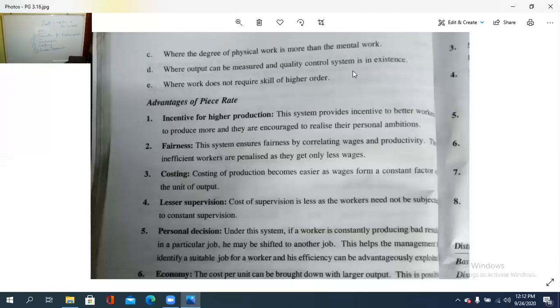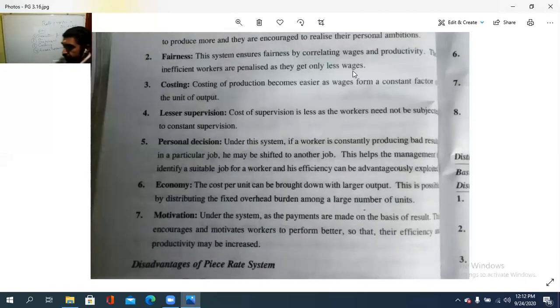And personal decisions to be taken. Under this, if a worker is constantly producing bad results in a particular job, he may be shifted to another job.